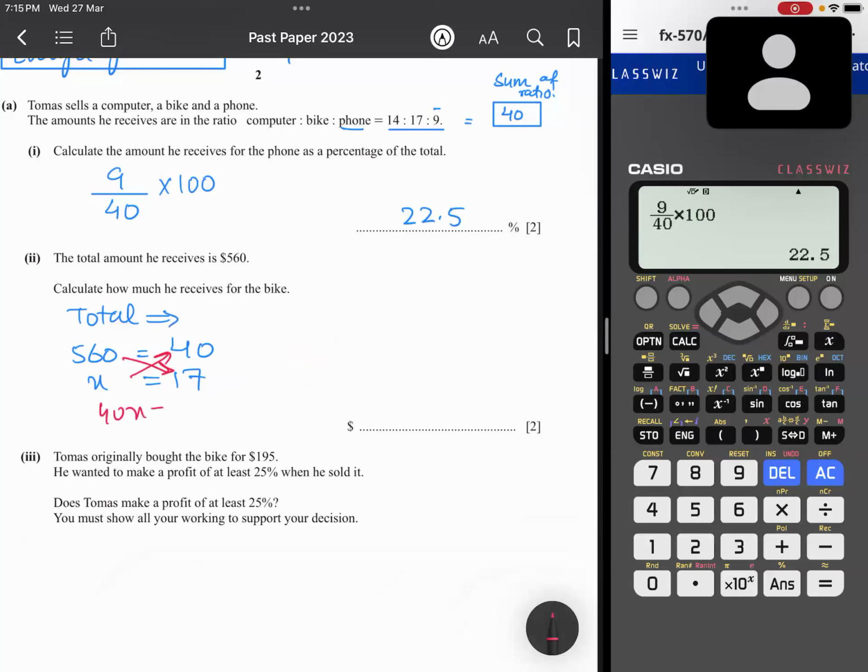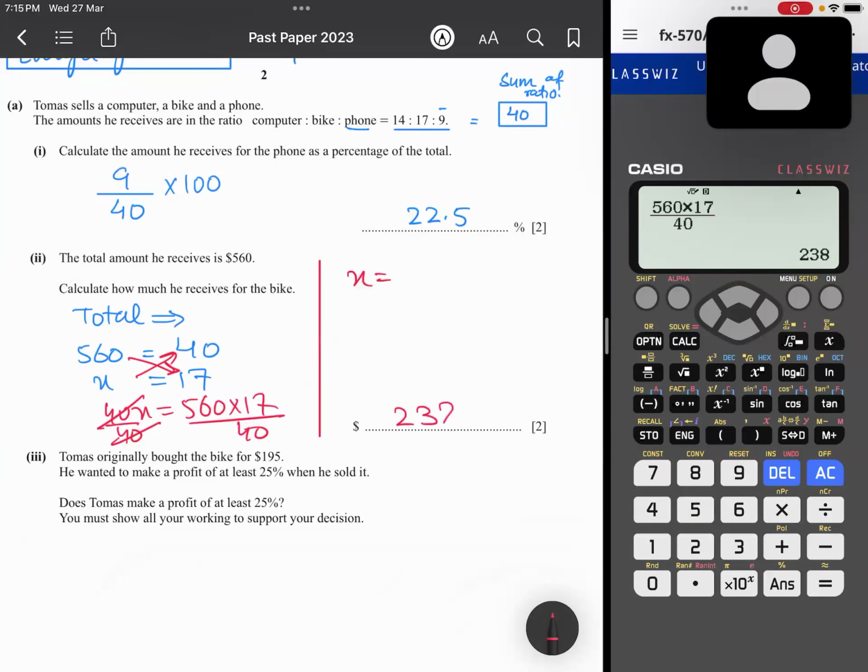So 40x is equal to 560 times 17, divided by 40 on both sides. 40, 40 cancelled. So x equals what? It's the fraction 560 multiplied by 17 divided by 40. So the answer is $238 for the bike.